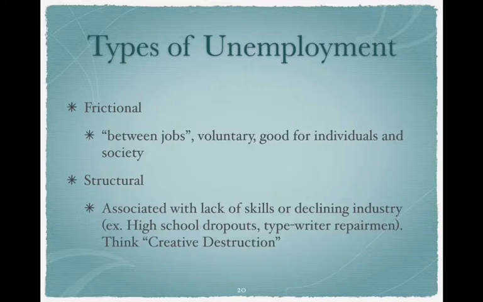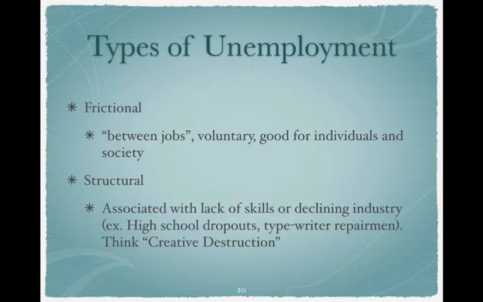Let's say you had a job working at a restaurant here in Killeen, and when you go off to college, you leave that job so you can go and find a new job there. It's good for you because you're moving forward, you're going to a new place, and it's good for society because it's only looked at as a temporary setback. You're not out of a job because of a hard time with the economy. You're out of a job because you chose to leave your current job and be in between jobs.